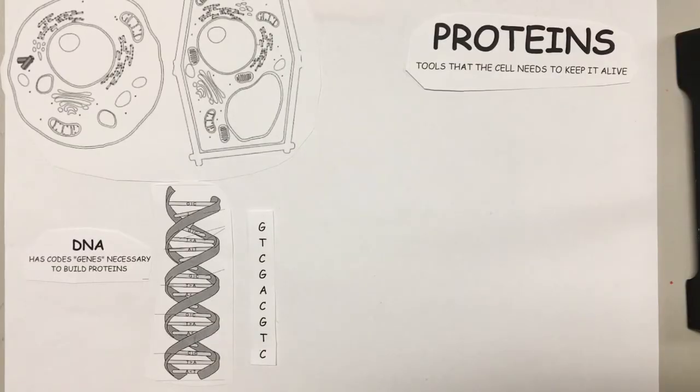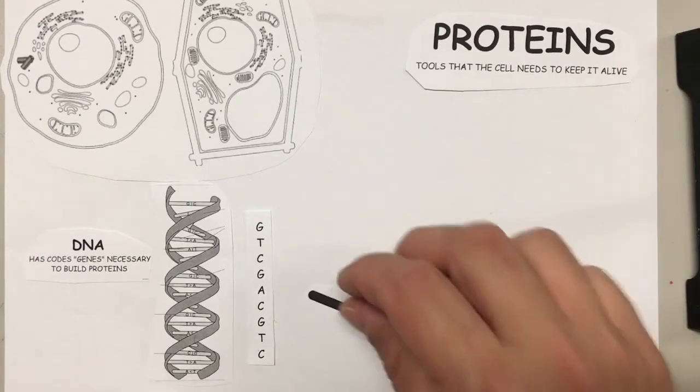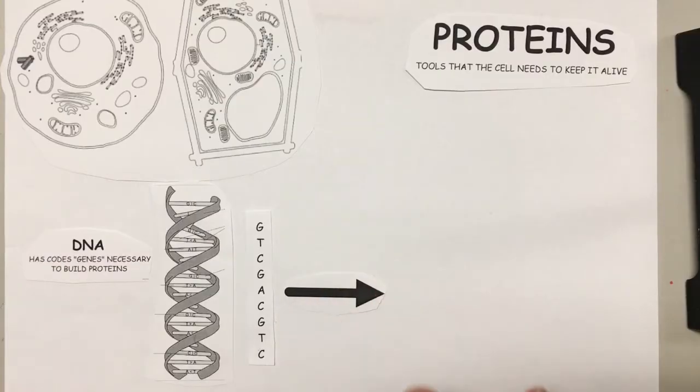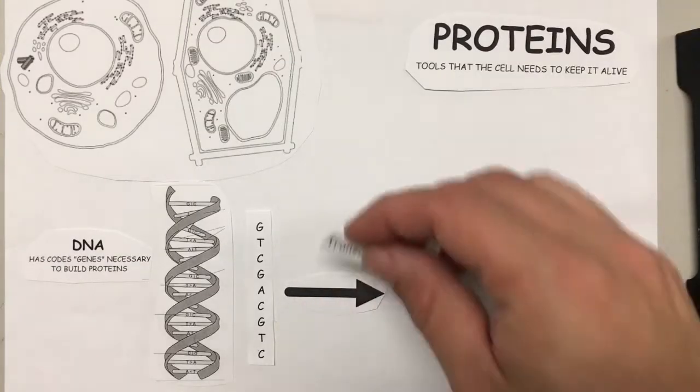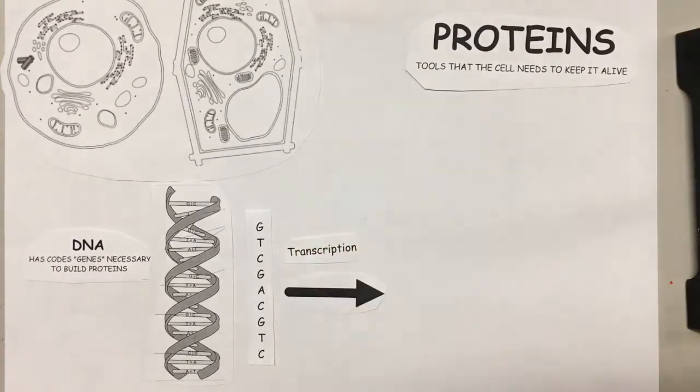There are many genes in DNA, maybe 20,000 or so. The first thing that needs to happen is that this code needs to get copied, in a process called transcription.